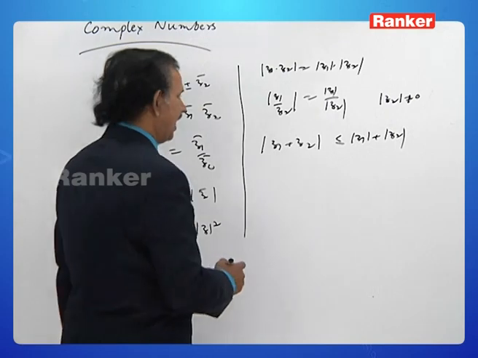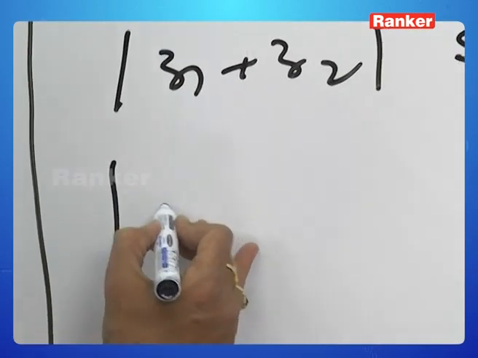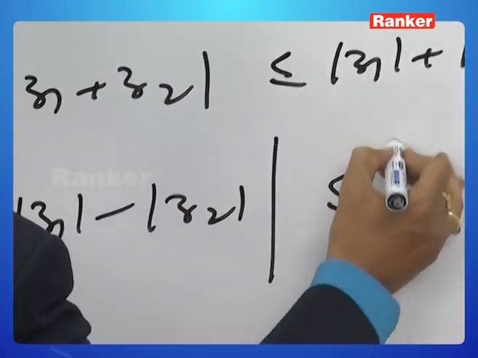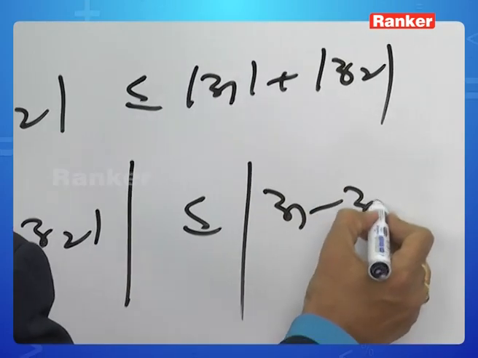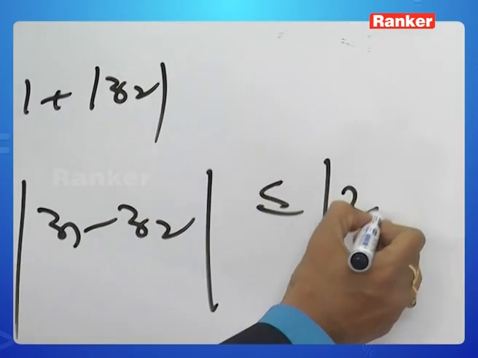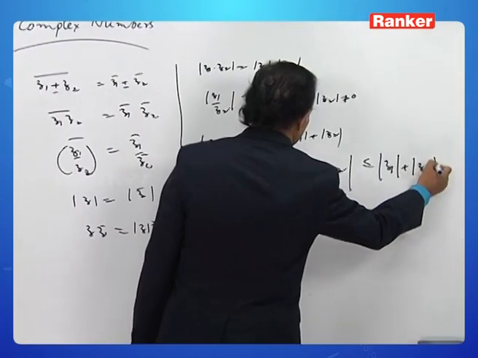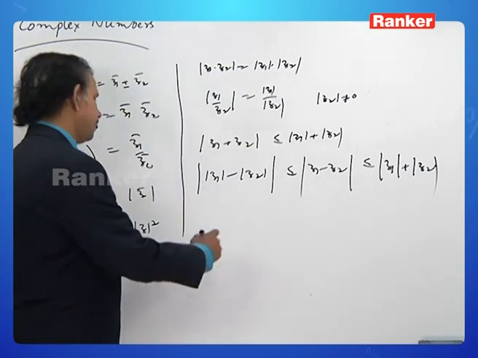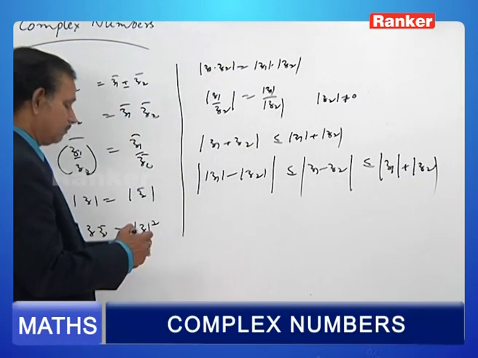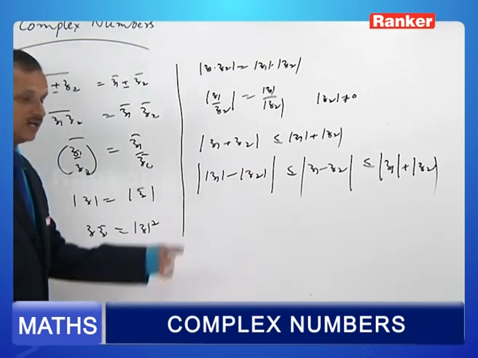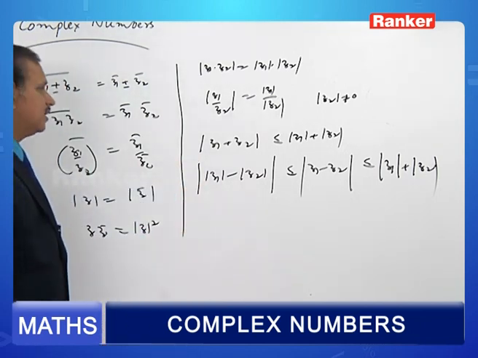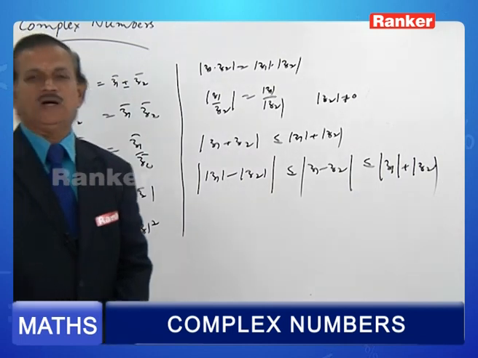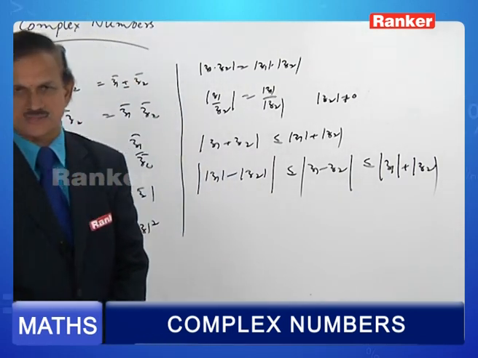Another is modulus of (mod Z1 minus mod Z2) is less than or equal to modulus of Z1 minus Z2, which is less than or equal to mod Z1 plus mod Z2 also. Therefore, corresponding to modulus and conjugate of a complex number, we are supposed to recollect these important results which we generally use while studying the properties of the complex number system.